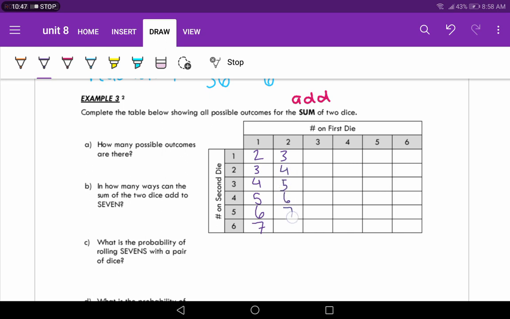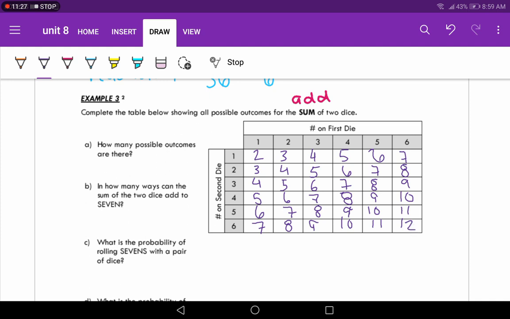And you'll notice that they all just go up by 1. 3 plus 1 is 4, 3 plus 2 is 5. 4 plus 1, 5. 4 plus 2, 6. 5 plus 1, 5 plus 2, 5 plus 3, 5 plus 4, 5 plus 5, etc. 6 plus 1 is 7. 6 plus 2 is 8. 9, 10, 11, and 12.